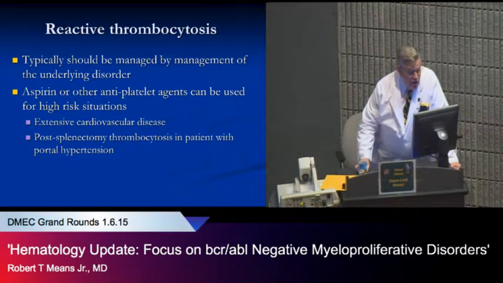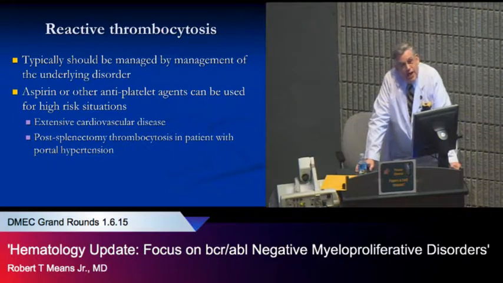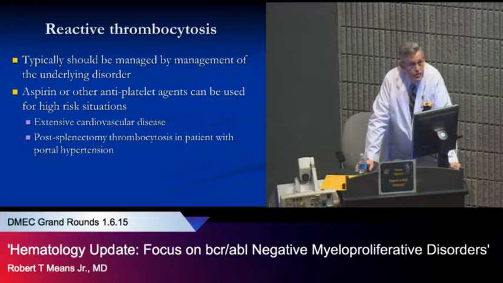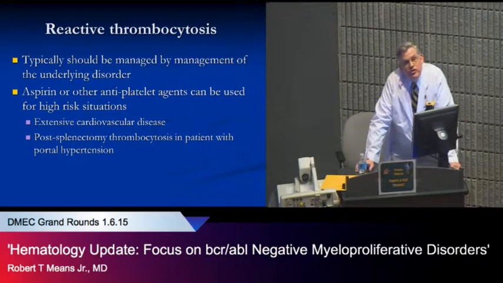So how do you manage reactive thrombocytosis, which is most of what you're going to see? Typically, you just manage the underlying disorder and it goes away. If you have a high-risk situation, it's not unreasonable to use aspirin or some other antiplatelet agents. What are high-risk situations? If you have extensive cardiovascular disease and are at increased risk for arterial thrombosis, you probably ought to be on aspirin anyway.